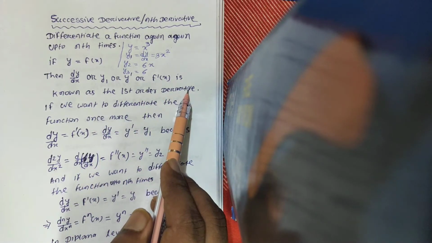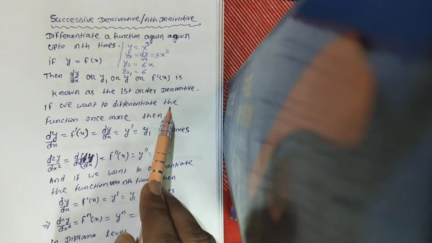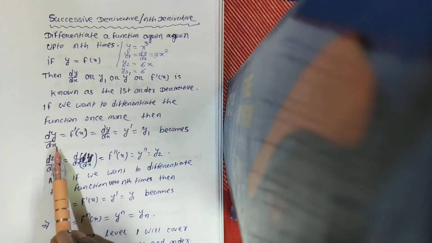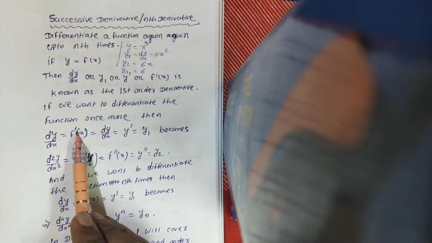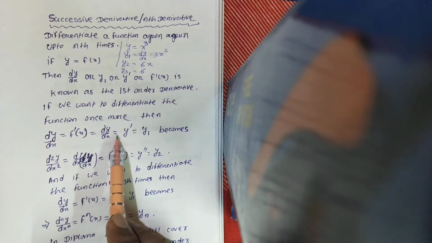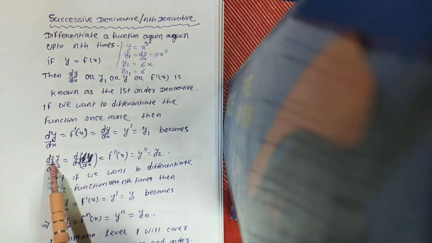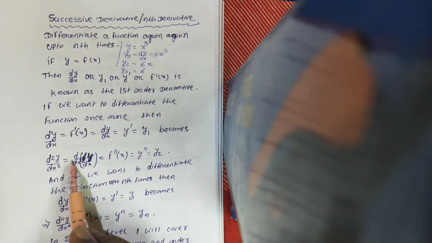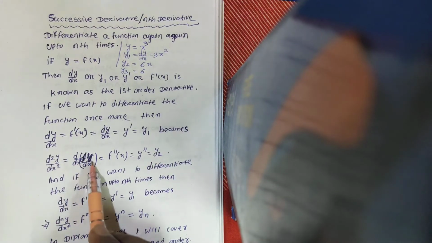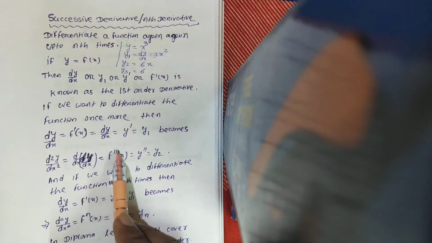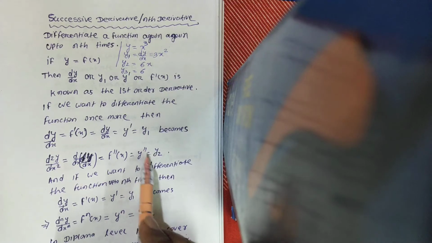Okay, so that's why dy by dx or y1 or y prime or f dash x is known as the first order derivative. If you want to differentiate the function once more, then dy by dx is equal to f prime x is equal to y prime is equal to y1 becomes d square y by dx square. That means d by dx of dy by dx, or f double dash x, or y double dash, or y2.